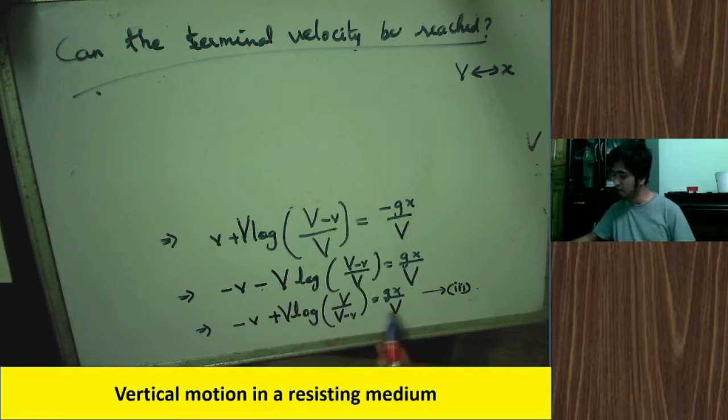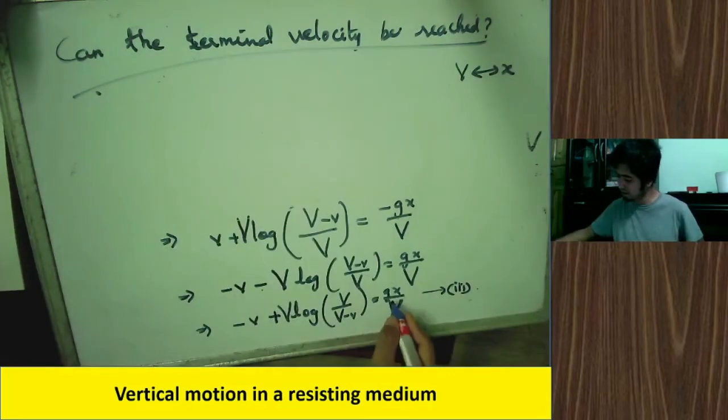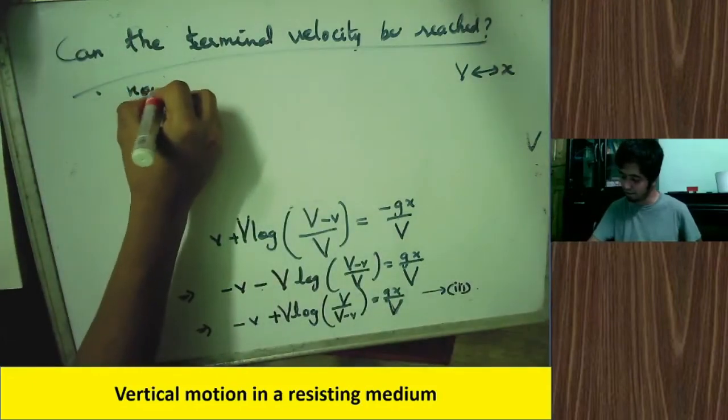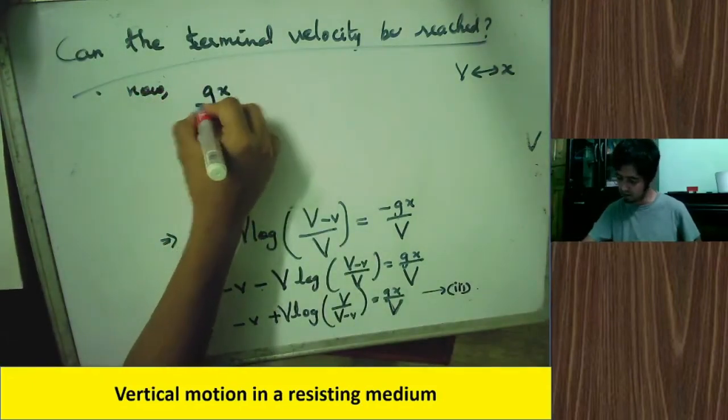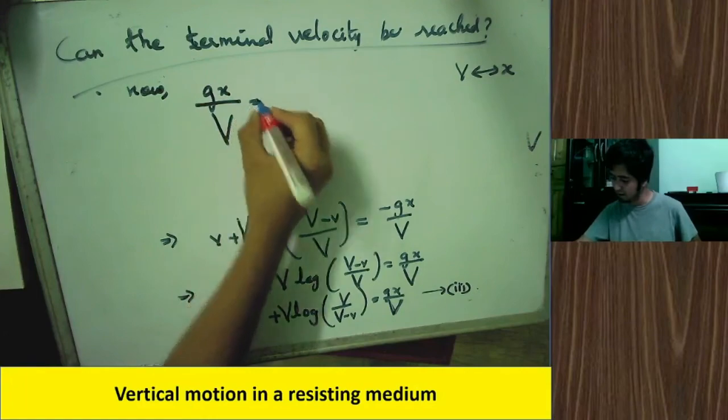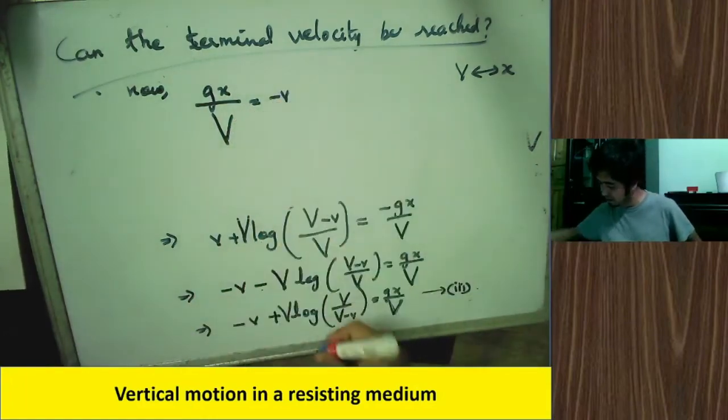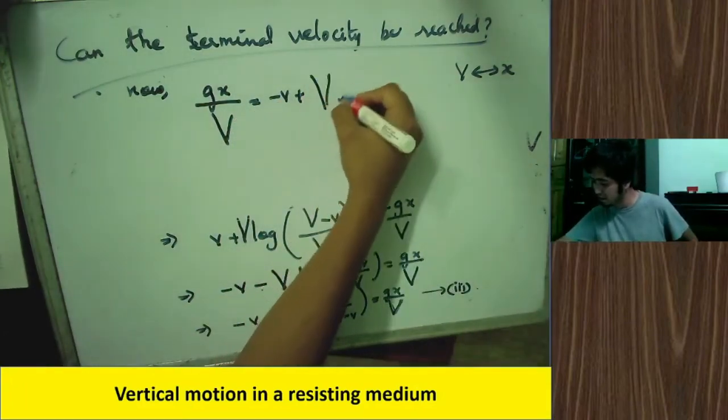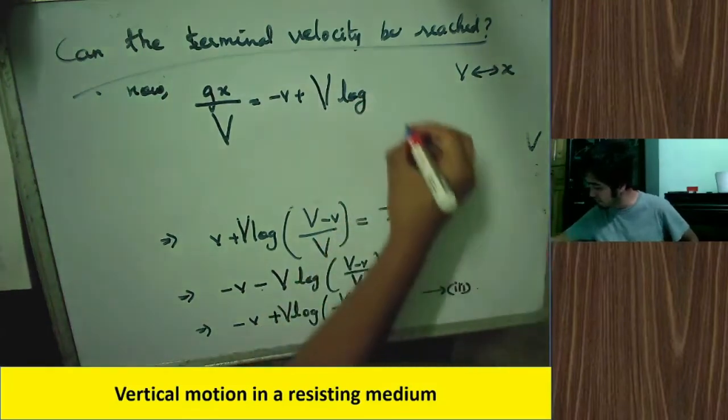This is a relation between v and x. So let me just write it down now: gx upon capital V, which is this expression over here. This is a relationship between x and v.